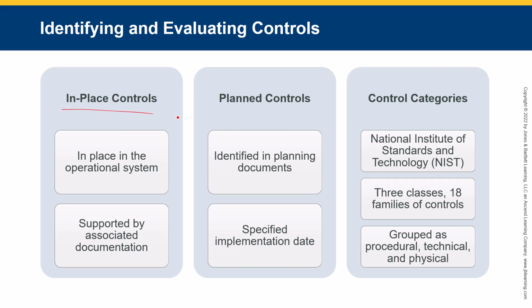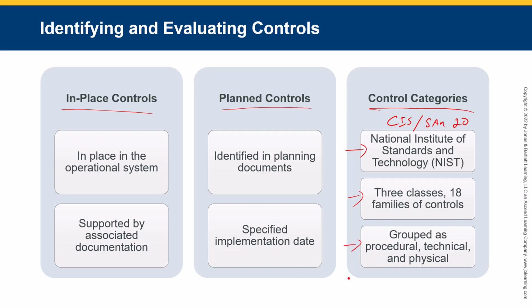So in-place controls are what are already currently there inside the operating system, inside the software, inside the applications. Planned controls will be in the planning documents. It could be dates, it could be timelines, or there could be control categories: CIS or SANS Top 20, NIST standards, classes that have families of controls.